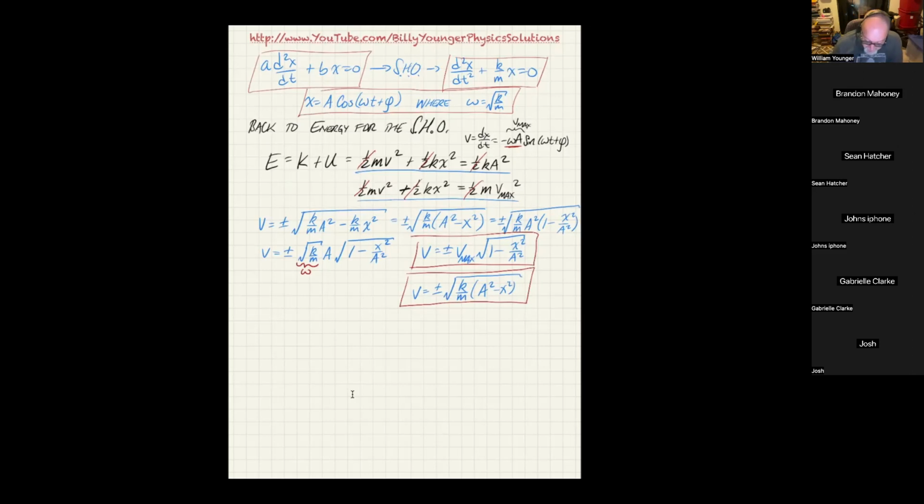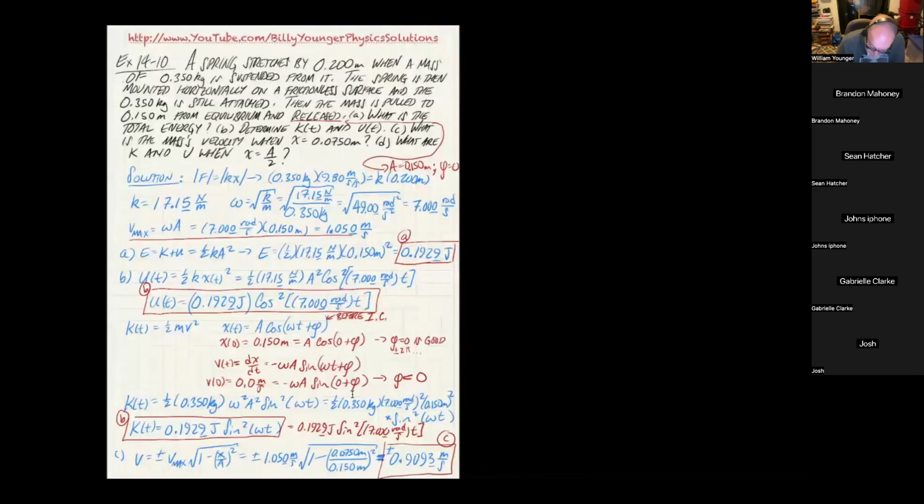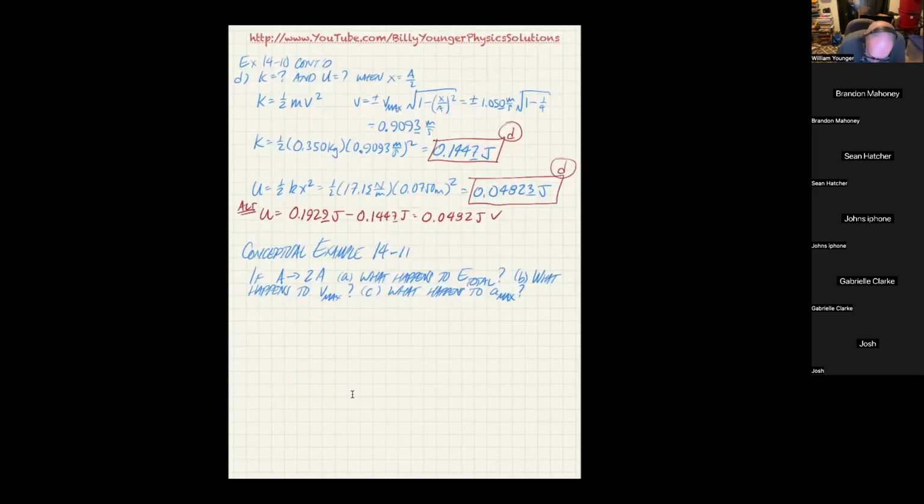So you see that E total goes to twice E total, or excuse me, 4 times E total.